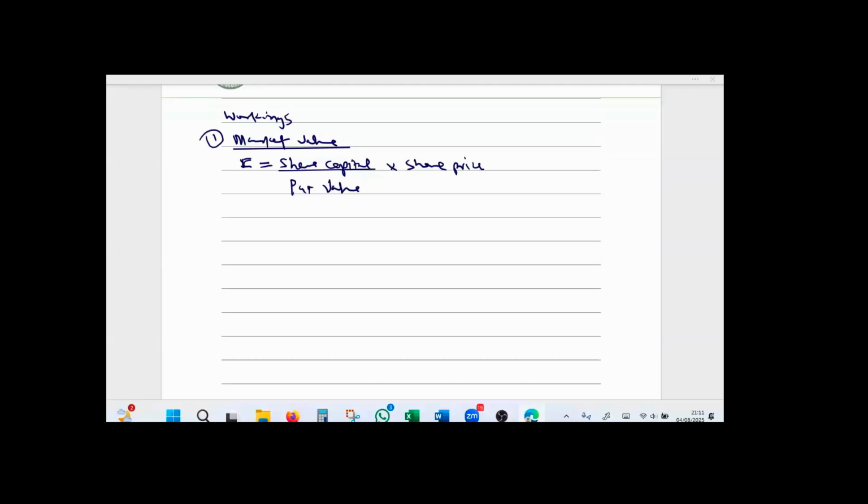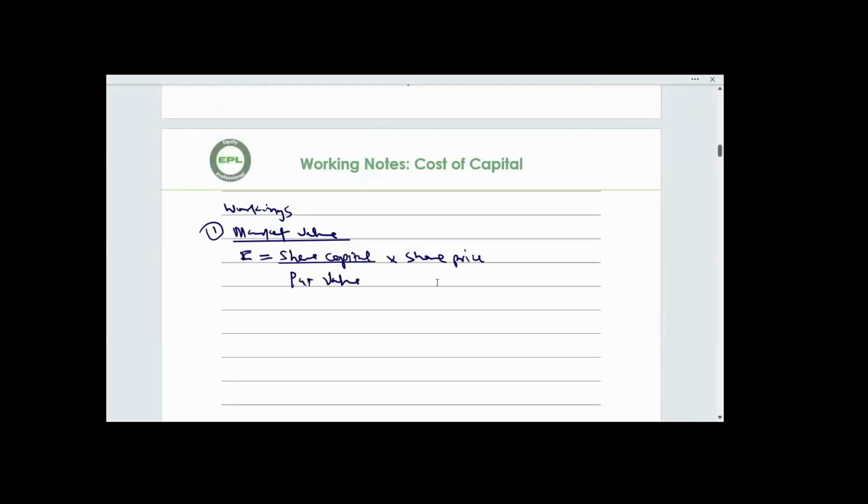You will recall in financial statement analysis, one of the investors' ratios is the price earning ratio.